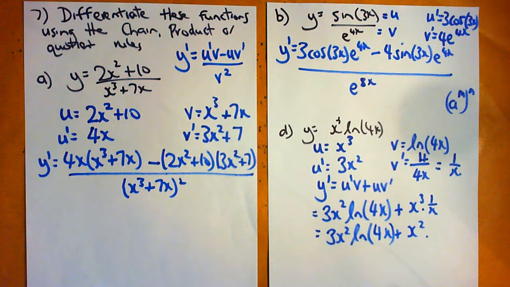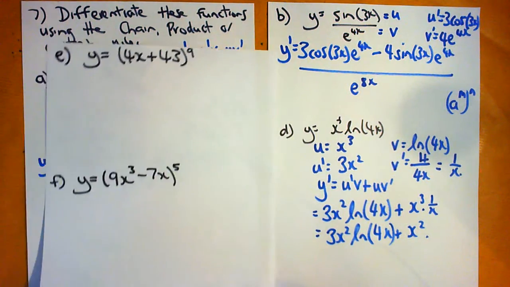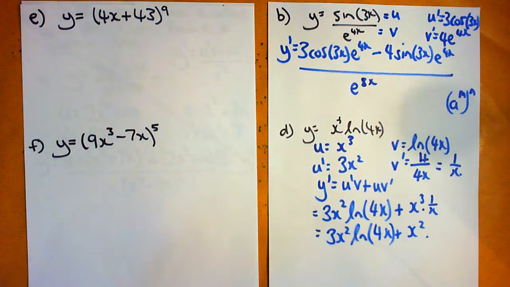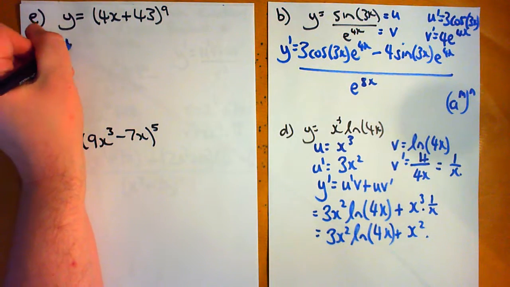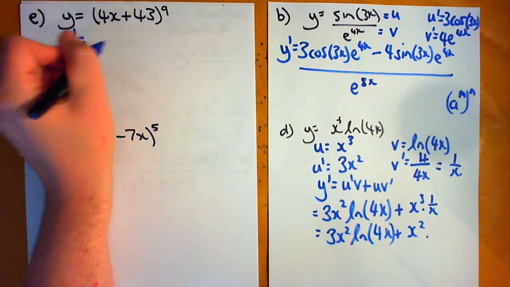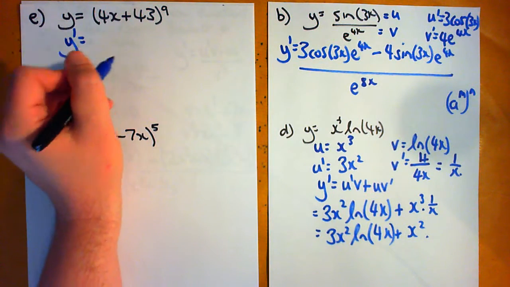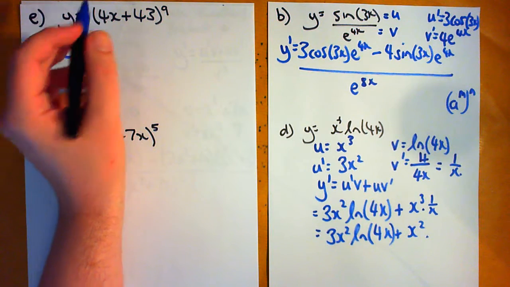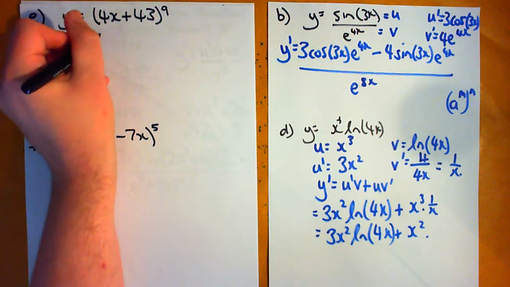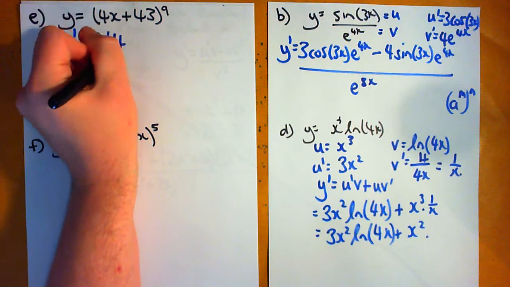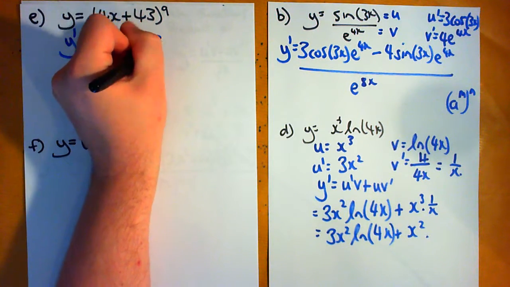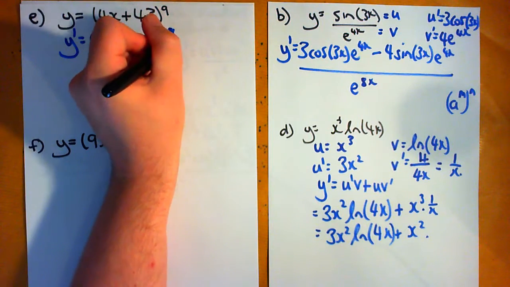Okay, so question E, we have the following function. We have y equals (4x plus 43), whole thing to the power of 9. So we need to use the chain rule here because we've got a function inside another function. The chain rule tells us that, if we do this using the quicker version of the chain rule, good idea to get that practice in, we get 9 comes to the front, the whole bracket is left alone, power drops by 1, so that becomes an 8.